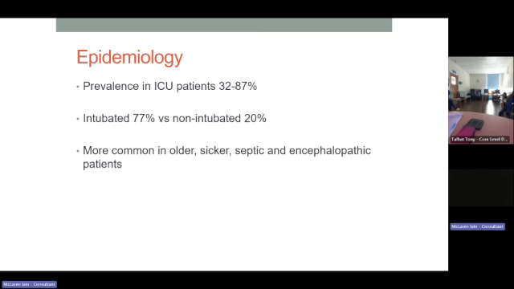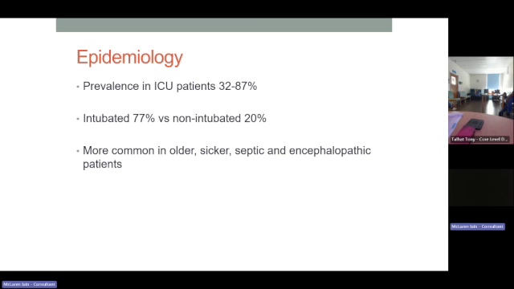So the prevalence in intensive care patients varies a little bit depending on your population, but it's been reported as being anything from 32 to 87% of patients, which is an enormous number if you think of the number of patients who pass through our unit every year. A lot of those are going to be delirious.